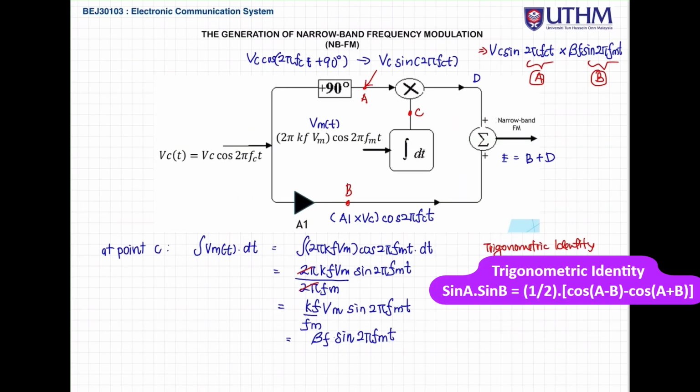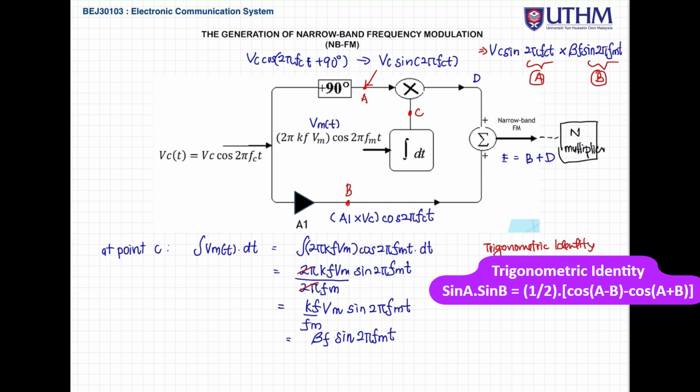To generate wideband FM indirectly from narrow-band FM, we just need a block diagram function called an N multiplier.